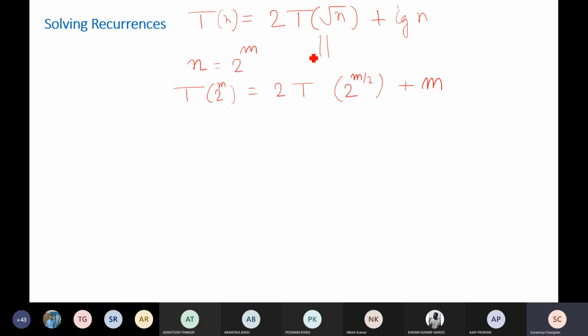So can we convert this equation if we consider n equals to 2 to the power m? Yes. So now we are changing this variable by considering S(m) is equals to T of 2 to the power m.